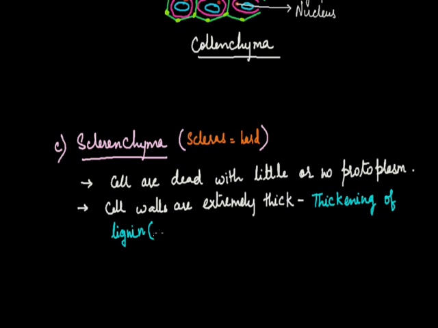Lignin is a waterproof material. So sclerenchymatous cells have uniform thickening, whereas collenchymatous cells have thickening only at the corners. As in collenchymatous cells, here also the intercellular spaces are absent.